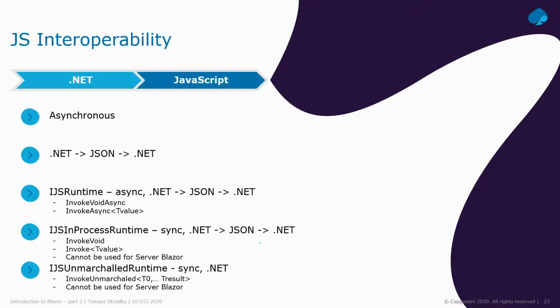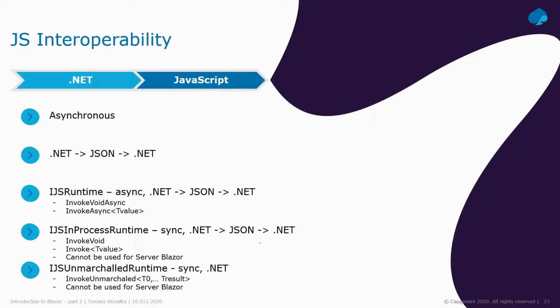If we are going to use Blazor Server, we have no other choice but to call JavaScript functions asynchronously. The reason is very simple: Blazor Server communicates asynchronously with the user's browser, so there is actually no point in calling synchronous JavaScript in asynchronous communication.